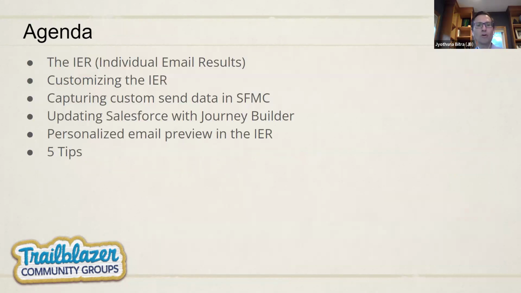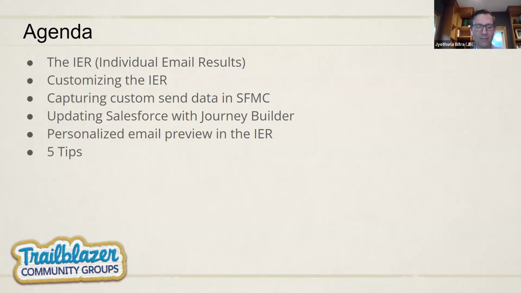Okay, let's talk about what we're going over today, customizing Salesforce. The focus of our customization is going to be on the individual email results object, the IER. We're going to go through how we customize the IER, capturing the data in Marketing Cloud so that we can populate that object back in Salesforce, and then using journeys to make those updates in Salesforce.